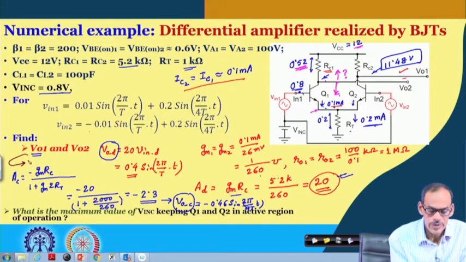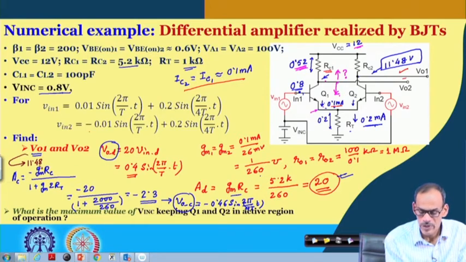So, this is having a DC voltage of 11.48 volt, and then we do have this signal.